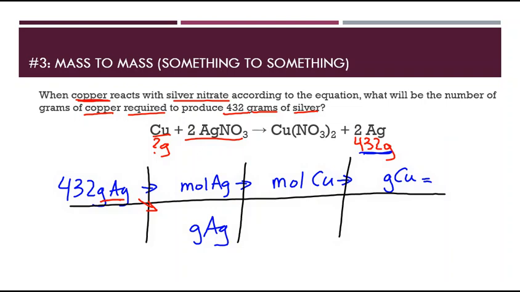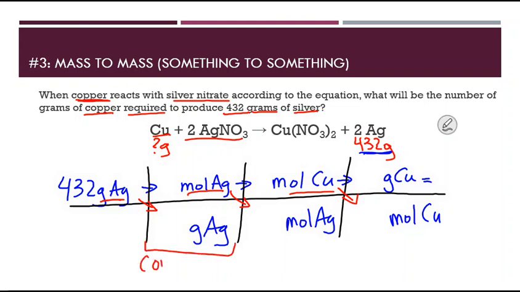And then we take the moles of silver, and we diagonal those down. We go to the moles of the silver here. Then we can use the mole ratio in the balanced equation, the coefficients, to change over to moles of copper. And last but not least, we take our moles of copper, put those down here, and change those moles of copper to grams of copper. So this is a conversion step right here.